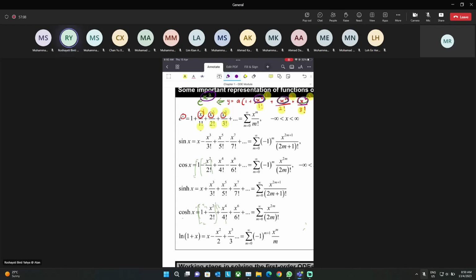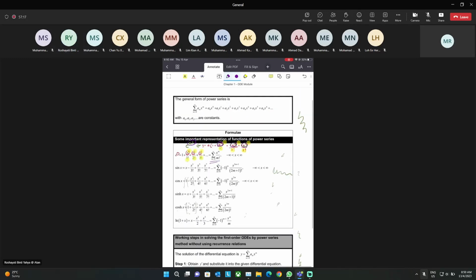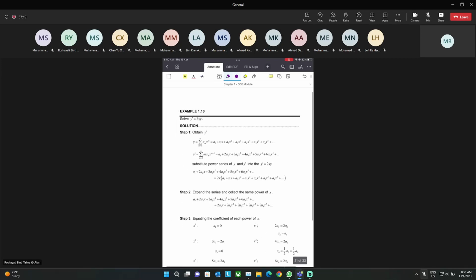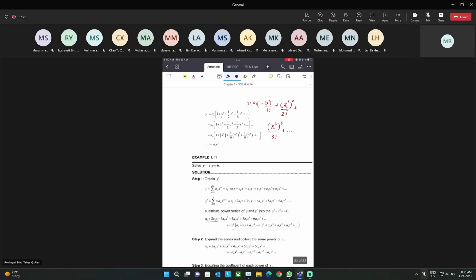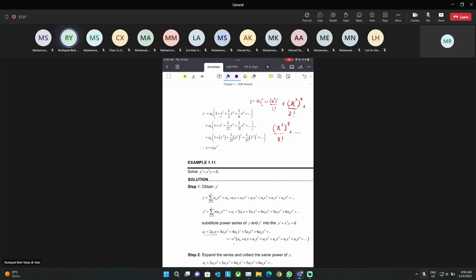Or you can also write like this. So finally, this is actually the power of 1 over 1 factorial.